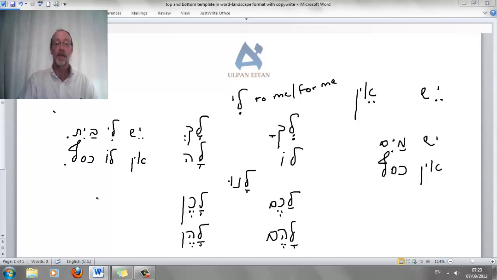Lamed vav, to him or to it, and lamed aleph, which is what I've called the negativizer, meaning no. Here, the negativizer is the word ein. So one could say this hyperliterally, there is not to him money, or one could simply think he doesn't have money, ein lo kesef.